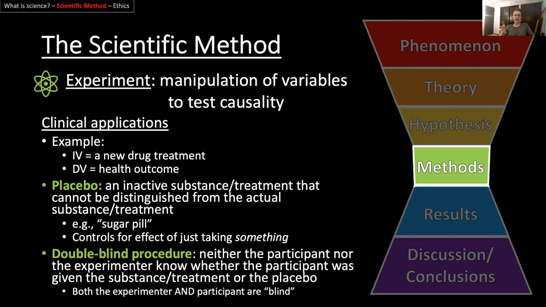So maybe it seems kind of obvious that, if we want these results to be pure, the participant probably shouldn't know what they're taking. However, maybe the experimenter issue is a little bit more vague. So chances are, when you interact with people, if you know something about them, you might implicitly interact with them differently.